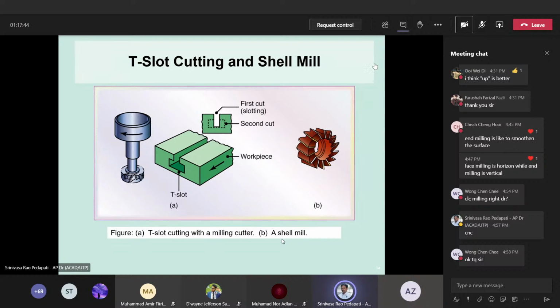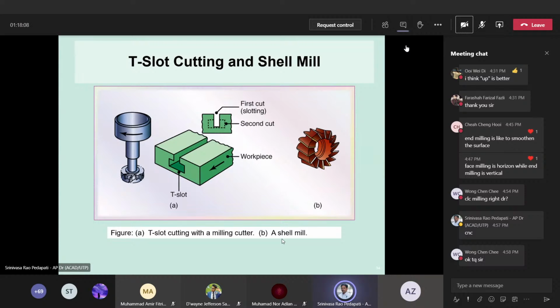So coming to the point, why do we need another operation? When you do casting, machining, or any other process, even welding, after every operation you end up with some object.